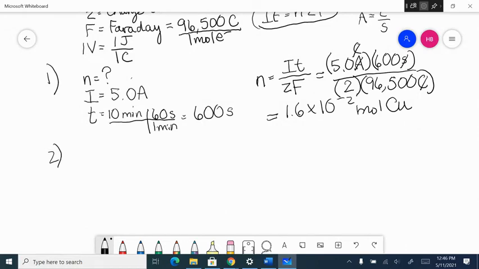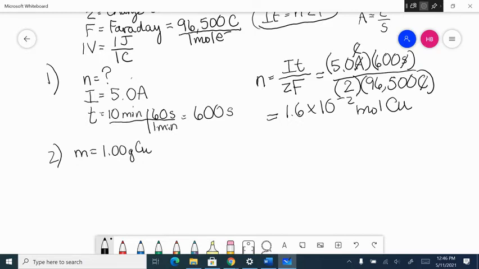Number 2. Number 2 states, calculate the time taken to deposit 1.00 grams of copper. So they gave us a mass. This time we'll have to convert that to moles.